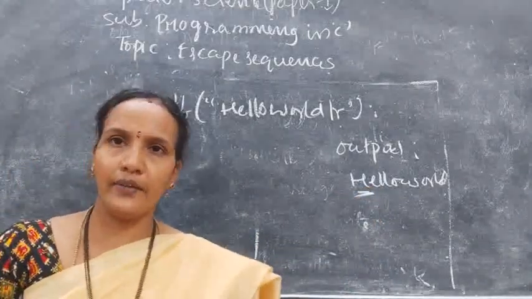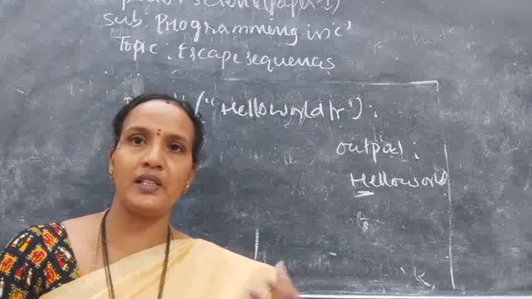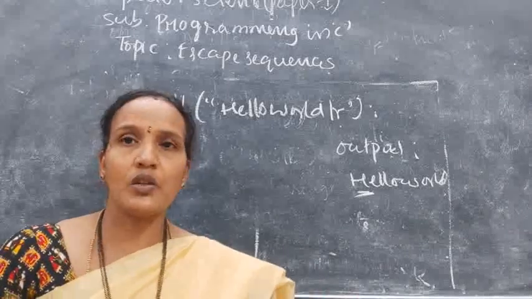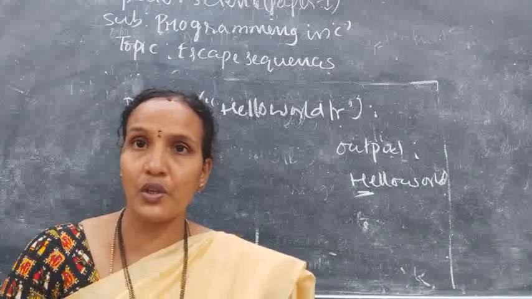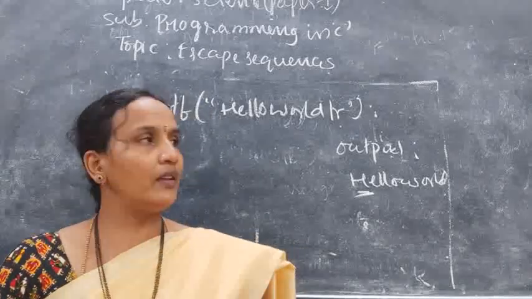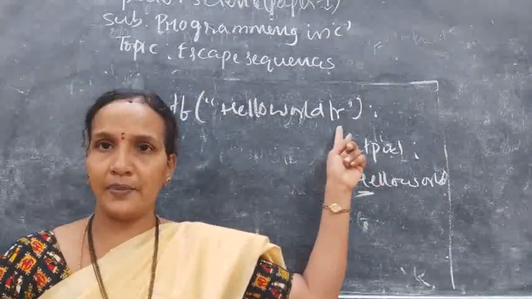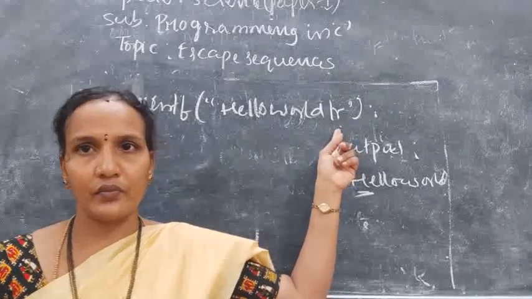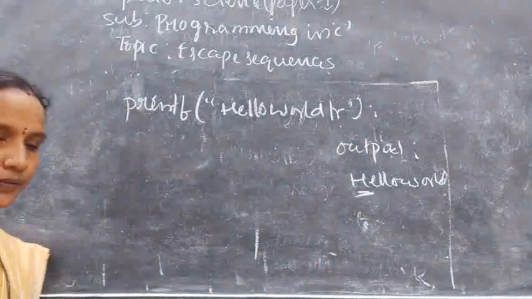Okay. So generally when you execute the output statement, the cursor position will always be at the end of the line. If you want to move the cursor position to the beginning of the line, then we apply this escape sequence backslash R. Okay. Write this.